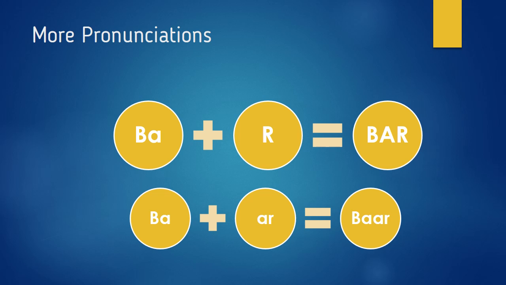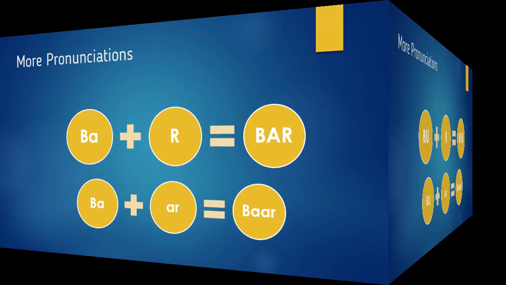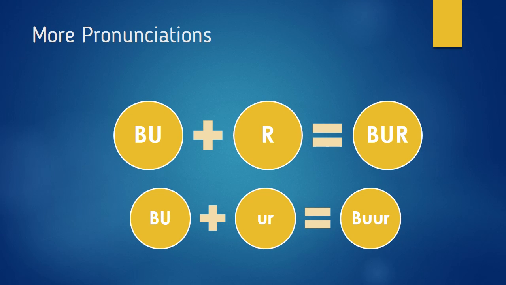And the next one is the long one, with two A's, so it becomes baara. How about bur? Bur is the short vowel. And the long vowel becomes buur. See how I go long.